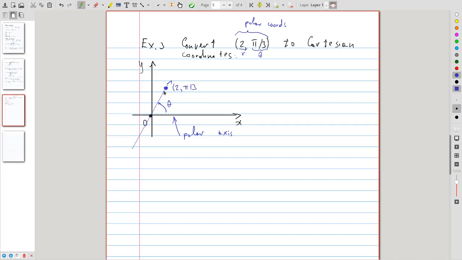To convert it to Cartesian coordinates, let us draw a right triangle, like so. So we will project the point that we just found onto the x and y axes, like so.